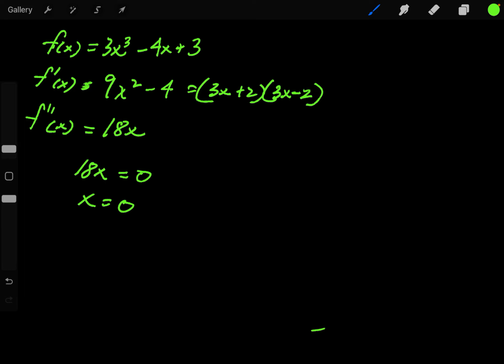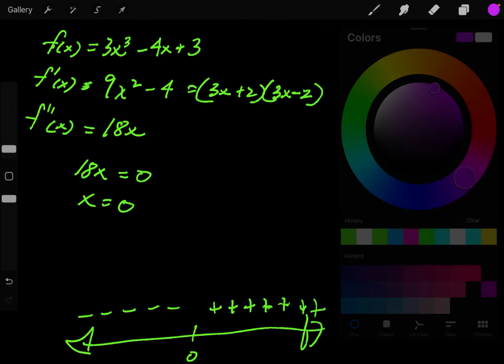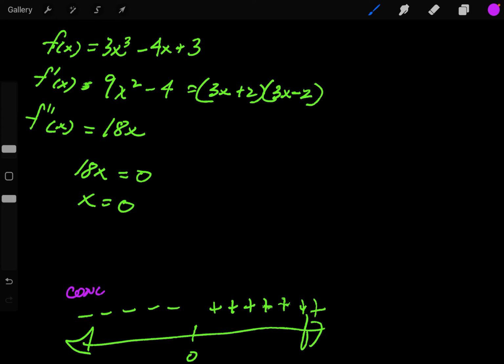And then I draw the line again. So now I have, again, this line. This 0 point is going to be the key. It divides the interval into two parts: everything less than 0 and everything greater than 0. So less than 0, f double prime is negative. And greater than 0, f double prime is positive. So that means my function is concave down here, because my second derivative is negative.